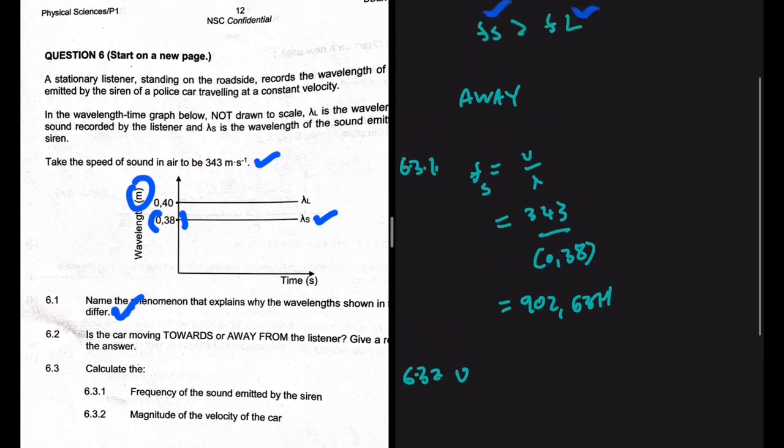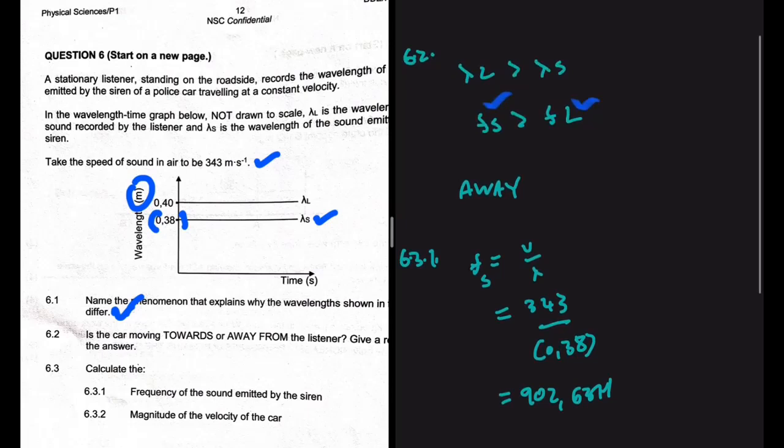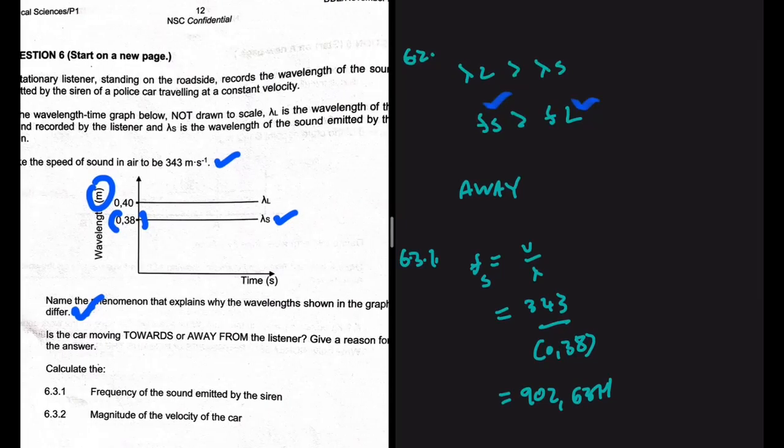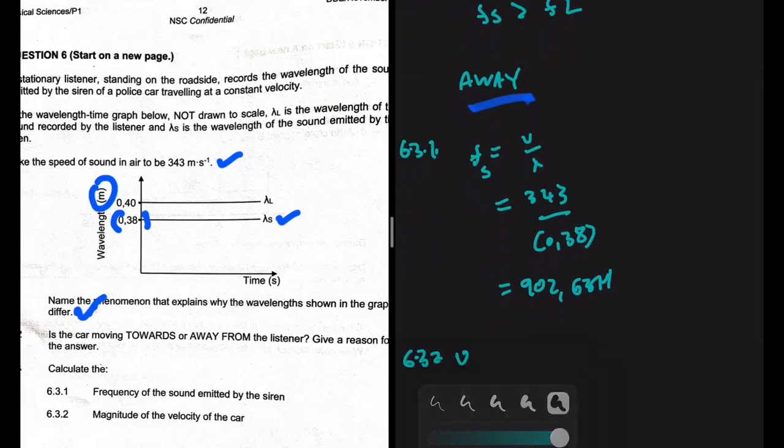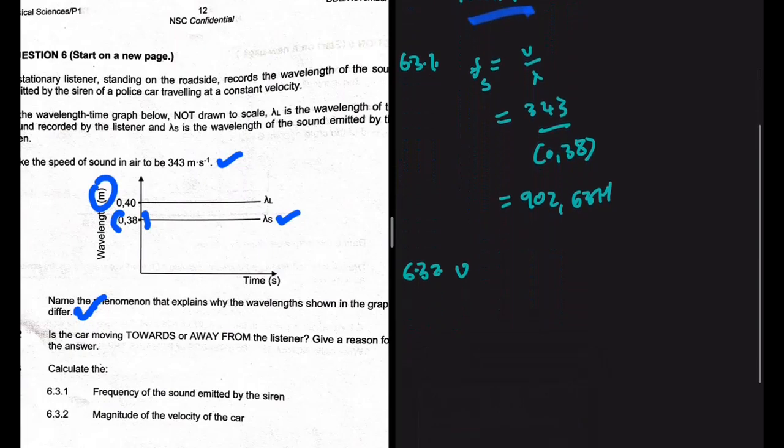Okay, so the listener is stationary. It is the car that is moving away, right? So the answer here is still away, but it is the sound source that is moving and not the listener. Magnitude of the velocity of the car, so this is the velocity of the sound source that you are looking for.